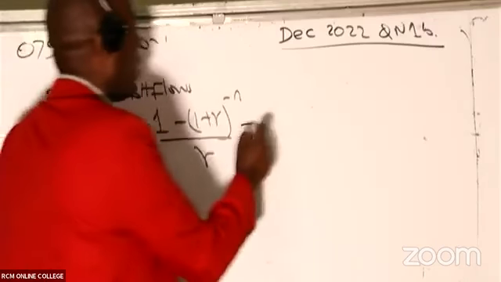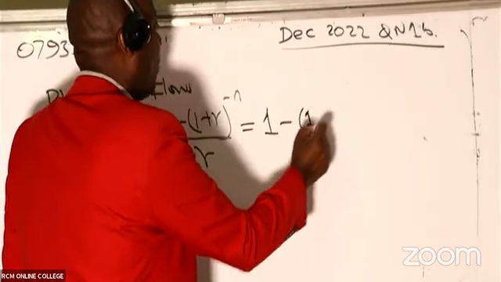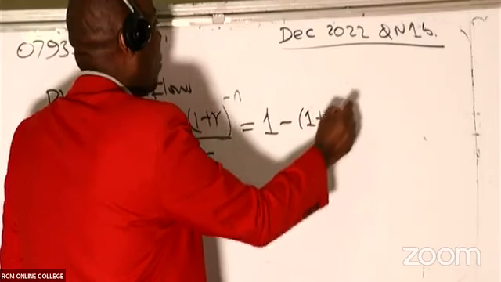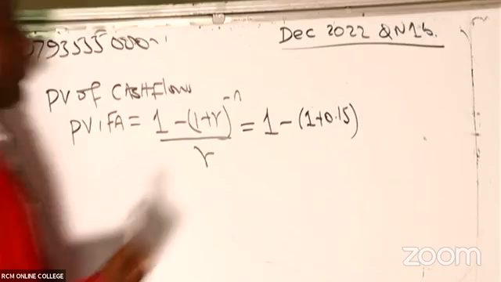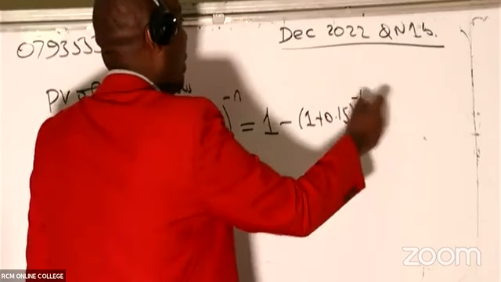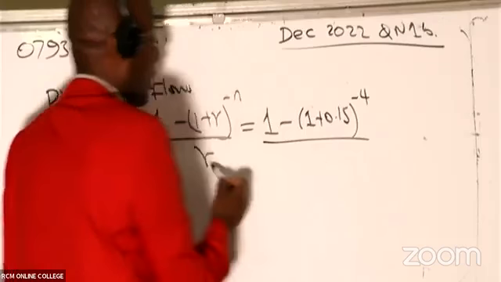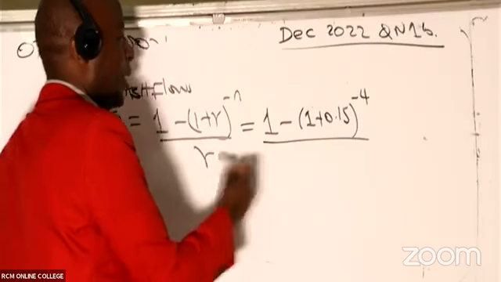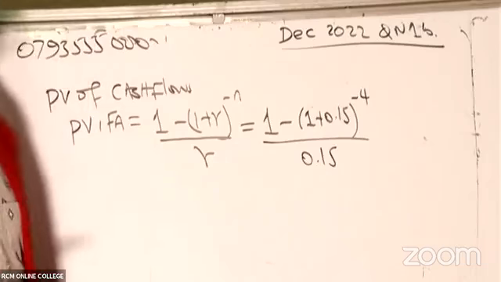So this will be 1 minus 1 plus 0.15, because 15% is the same as 0.15, raised to negative 4 years, and then everything divided by 0.15.